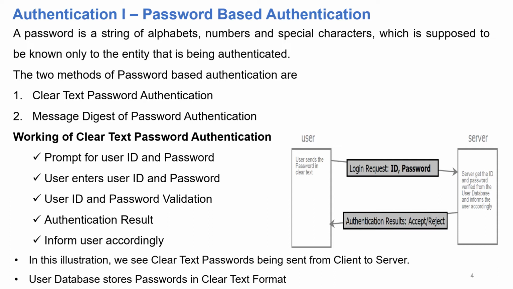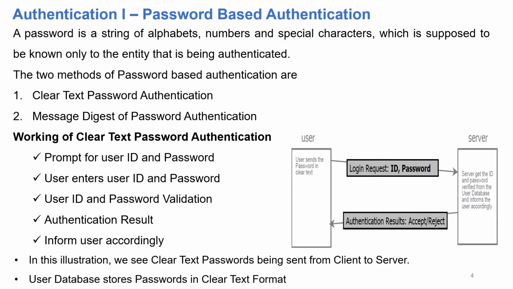The working of clear text password authentication: the first step is that you are prompted to provide your user ID and your password. The user then enters the user ID and the password that he has. This user ID and password is then sent to the server. Please mind you, this is all done in clear text, and that is why it is called clear text password authentication.